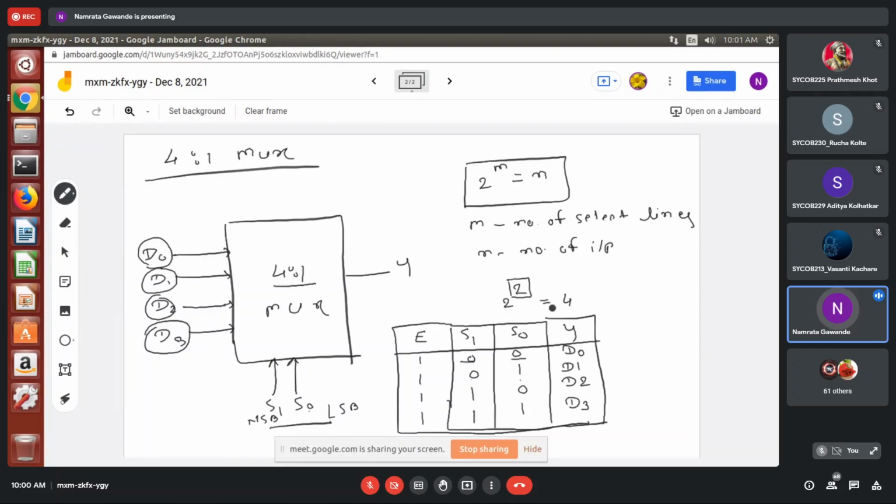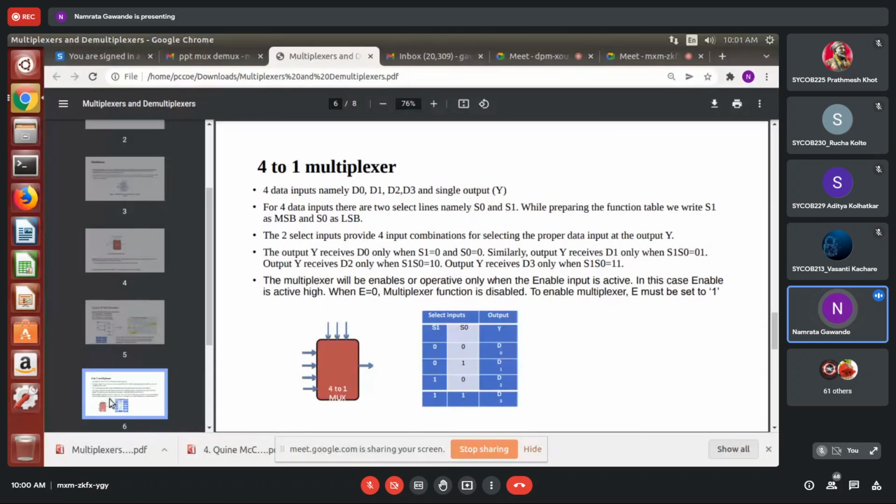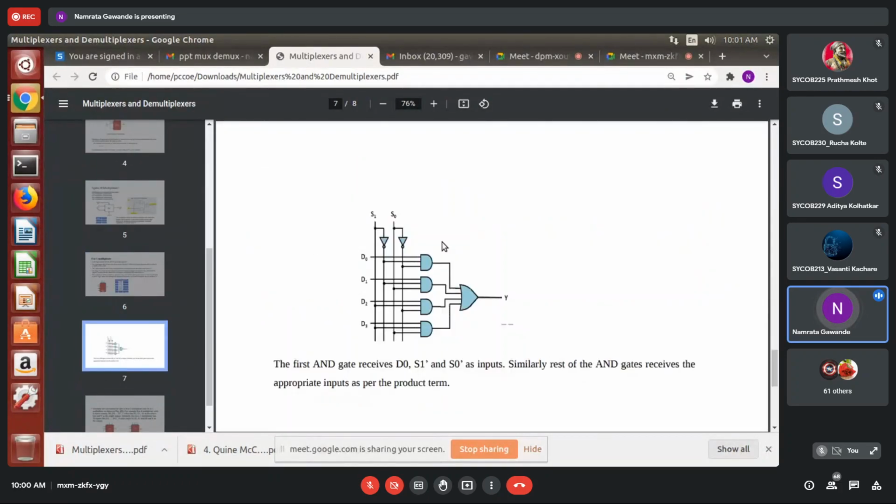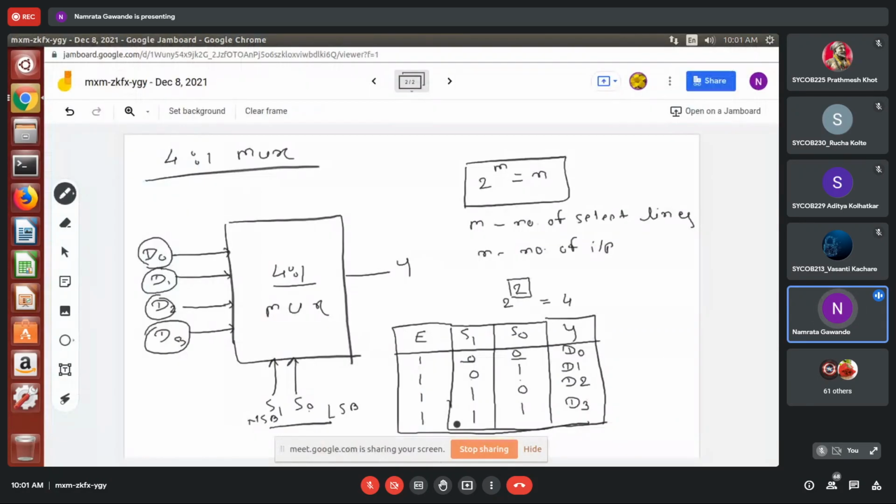Now if you know this truth table, you can construct the circuit. For that, you need to write the equation. This complete part is given in the notes. This diagram is drawn based on this particular truth table.